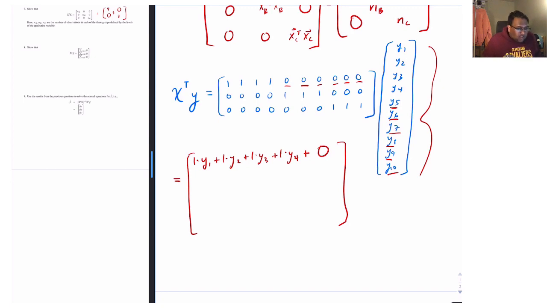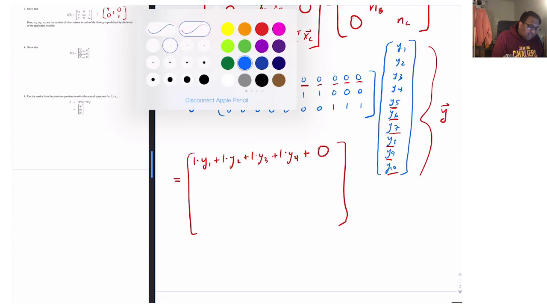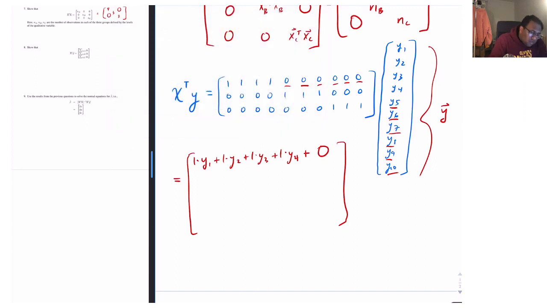Now, for the second element in X transpose y, I will take the dot product of my y vector once again, but now with the second row of X transpose, right? And so y1 through y4 get multiplied by zeros, so they're not included in the sum. y5, 6, and 7 correspond to 1s over here, and so I'm left with 1 times y5 plus 1 times y6 plus 1 times y7.